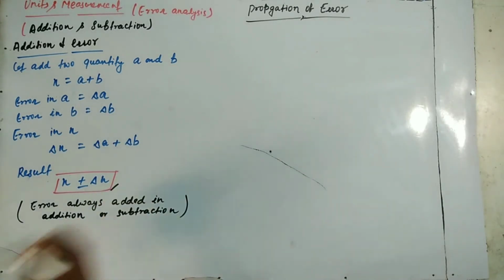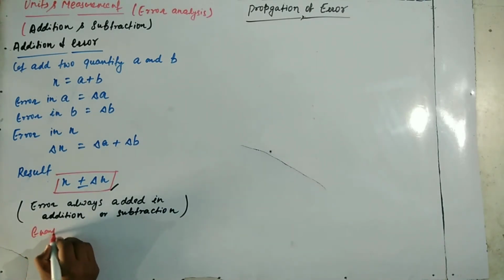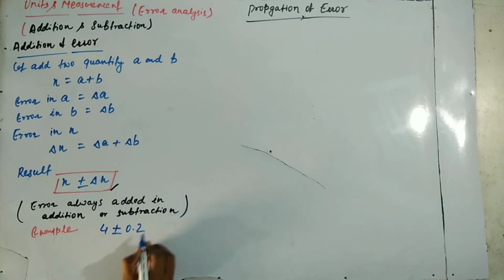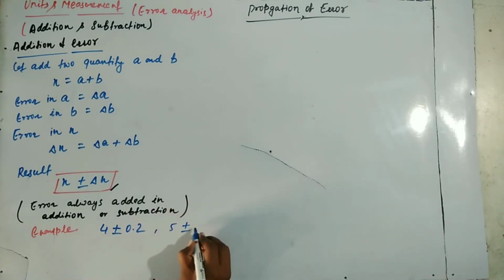Now we take an example. Suppose two physical quantities and now we will add them. Let the first physical quantity be 4 plus minus 0.2 and the second one be 5 plus minus 0.3. So what is the true value?